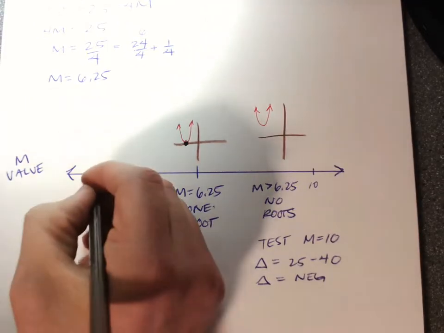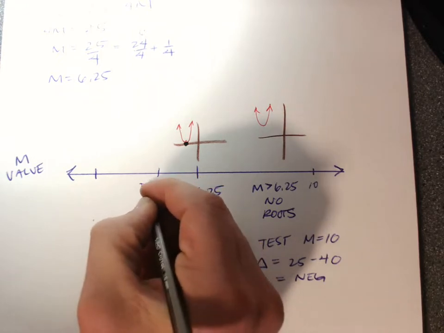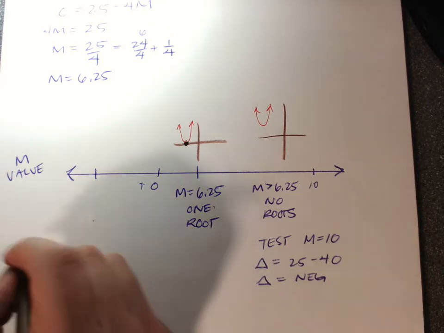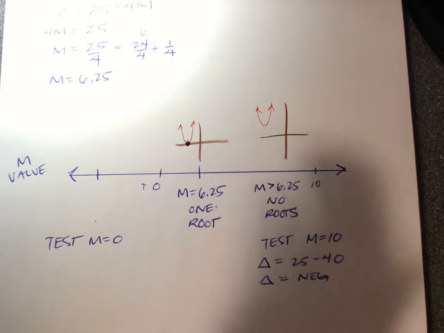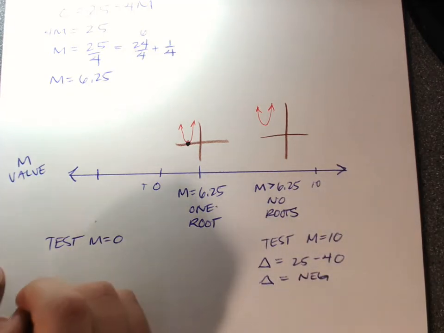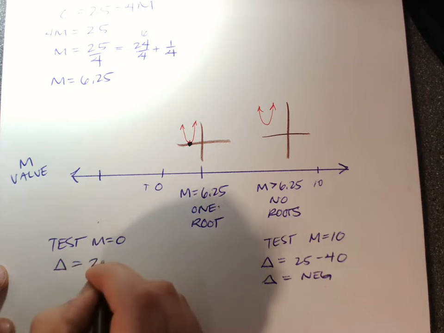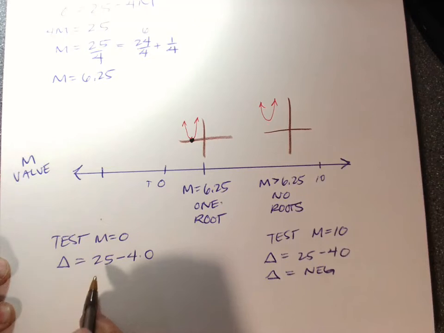Okay, now we can go over here and test it, but this is going to produce the opposite effect. So let's test 0, say. If m is 0, what happens then? I always like to pick easy numbers to test in the equation. Delta is 25 minus 4 times 0.